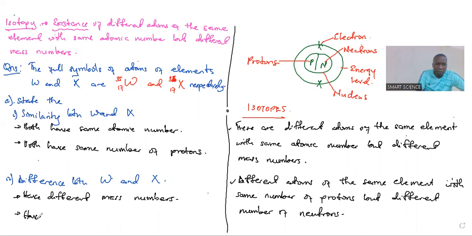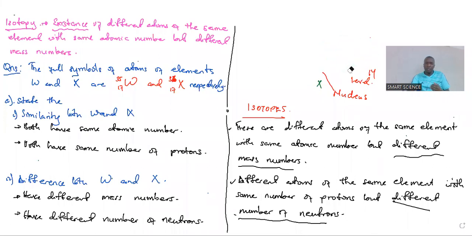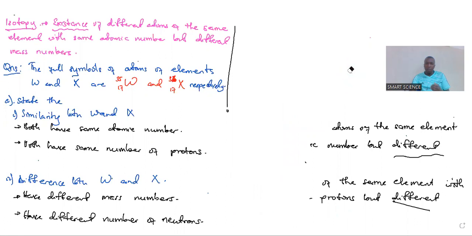Alternatively, a different number of neutrons, and we are generating the difference from this section and this section. So make sure that on presentation of work, you present short answers which are correct and precise, such that you don't give a hard time to the examiners who are going to be looking at your work in order to present correct information.